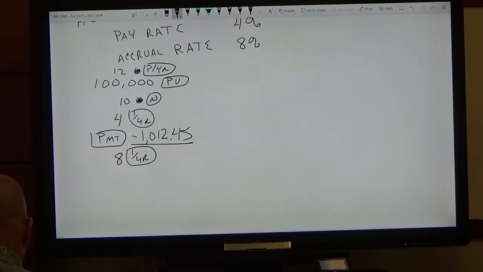So, in so doing, we now want to find out what the balance is after the first 12 months.